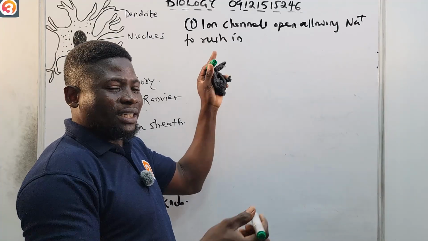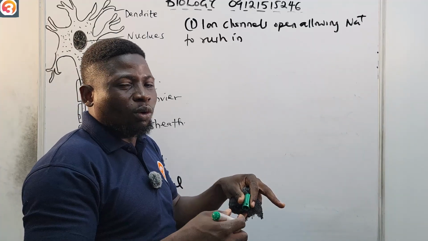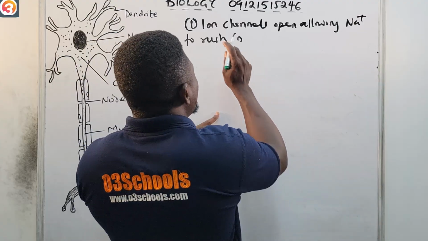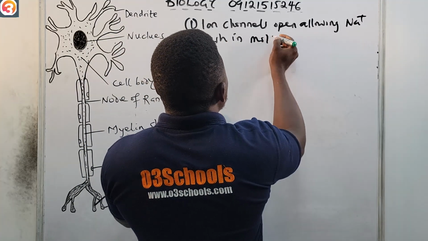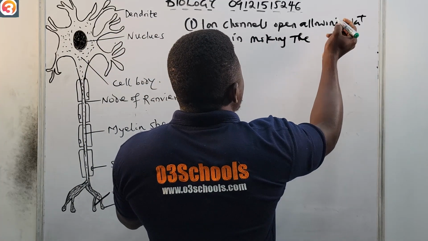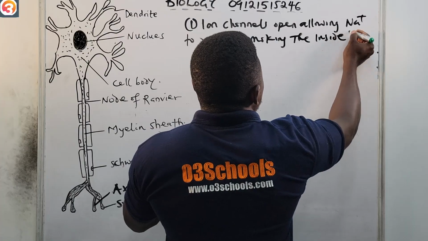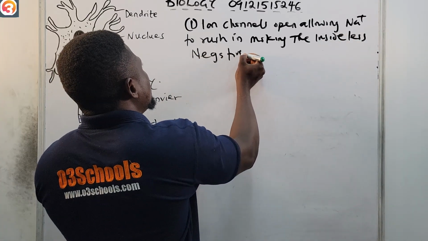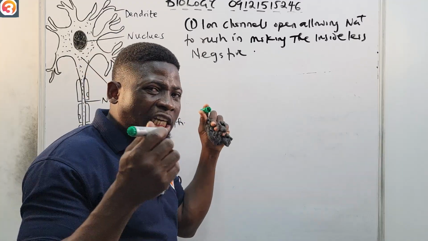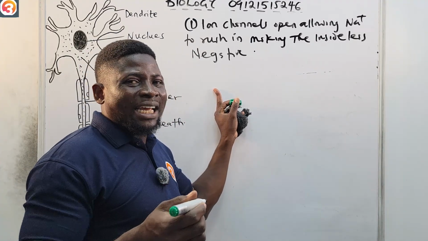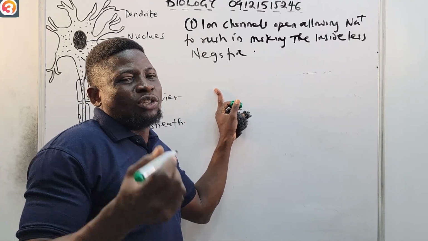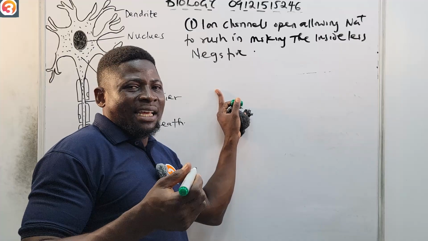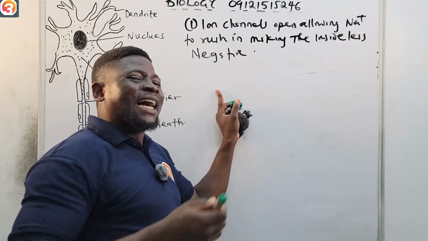It therefore means that the inside will become less electronegative, less negative. Now if the change reaches a threshold, an action potential is set up, kind of an electrical spike, traveling down the axon.